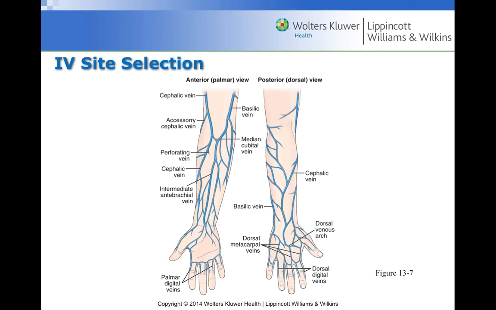You also want to make sure that if the patient's right or left-handed, so you want to look at that as well. Patient's medical history and their current health status and the setting in which the therapy will take place. We won't get too technical into the gauges or anything like that, just because of the simple fact that you will not be starting IVs, but I just want you to get a generalized idea.